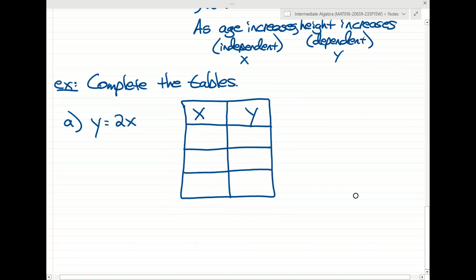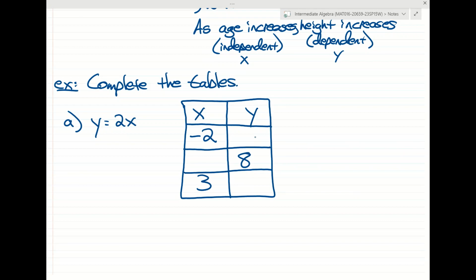We're going to do 3 of these, so if you just want to make sure you have enough space for 3 tables, that'd be good. And in the table, we'll put a -2 here, an 8 here, and a 3 there. And we just want to find the missing piece.